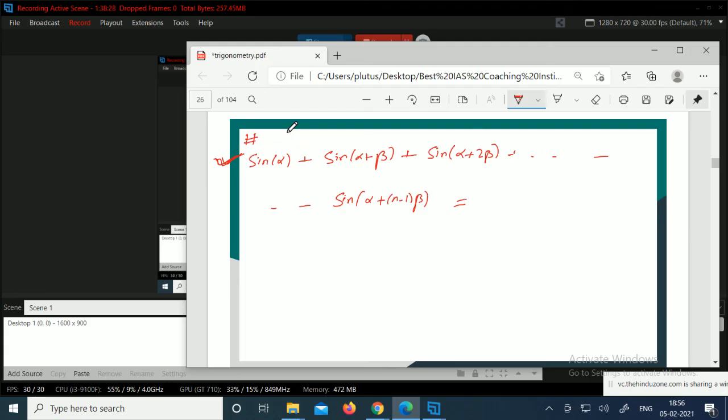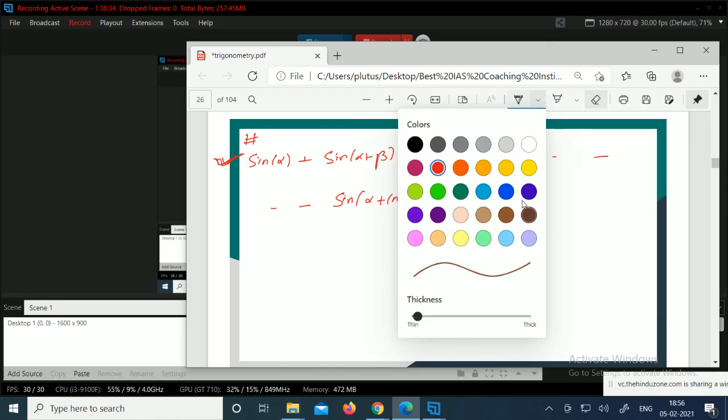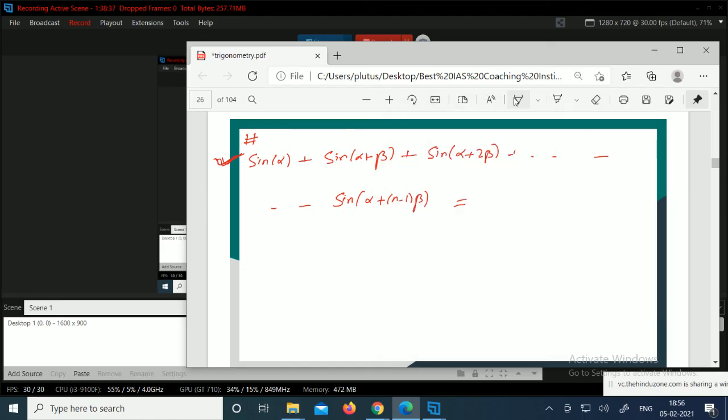The formula is sin(n beta by 2) sin(alpha + (n-1) beta by 2) divided by sin(beta by 2).